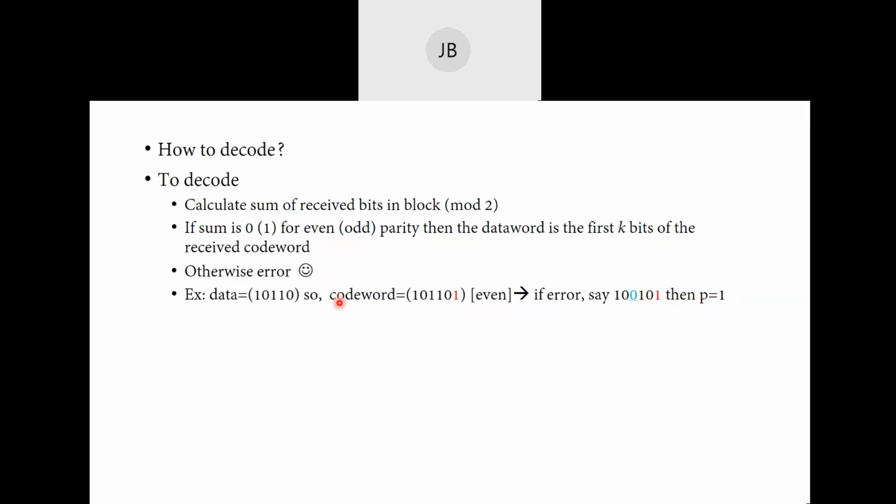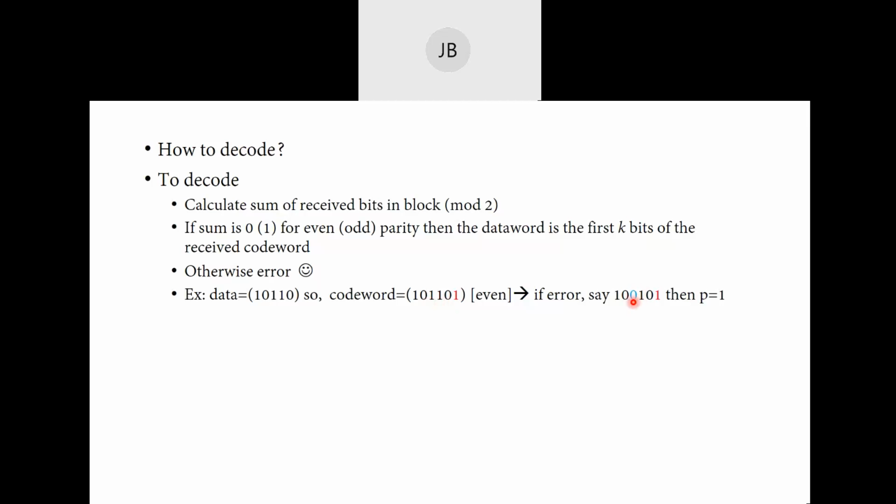So in case of even parity, the sum should be 0. But in this case, the sum has become 1. That means the receiver will understand that there was some error in the transmission. Is it so? Yes, because the third bit got changed. We transmitted a 1 here, but when it came to the receiver, that became 0.